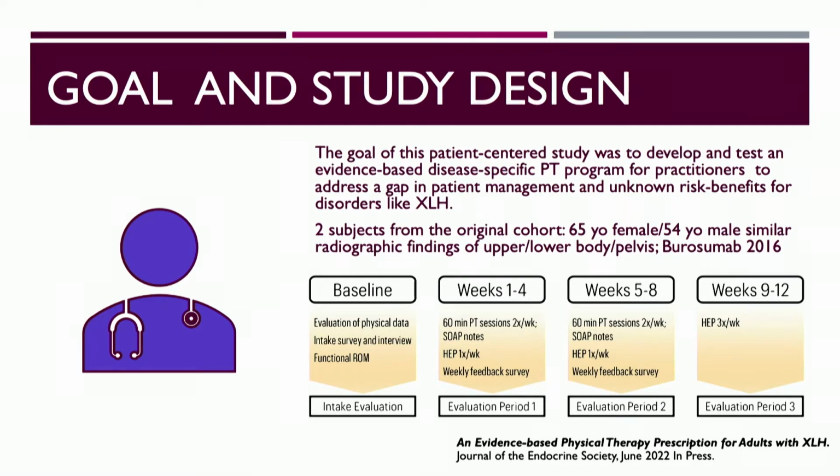And again, treating XLH in adulthood with burosumab or with other therapies is a good thing, but we can't fix everything as it relates to activities of daily living and quality of life with a therapy. There need to be other interventions supported by other healthcare professions, including occupational therapy for adaptive equipment and also physical therapy.